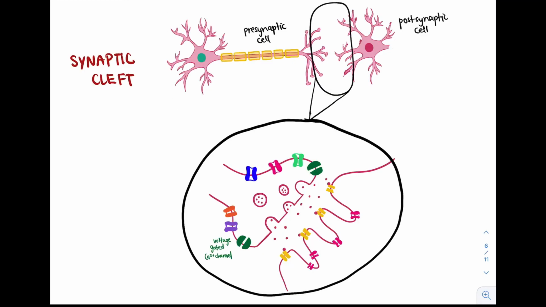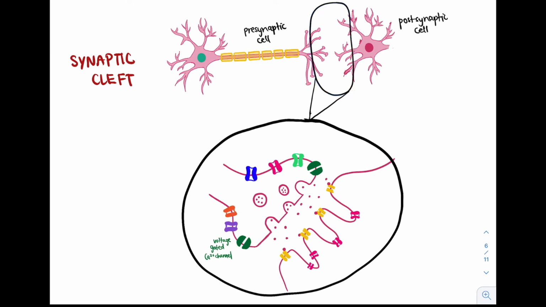So finally, we've sent this signal as an electrical signal along the neuron, but how do we send it to the next neuron so that the signal can travel to the rest of the body or to our brain? Well, we must convert this electrical signal to a chemical signal, and this is going to occur at the axon terminal and the synaptic cleft.